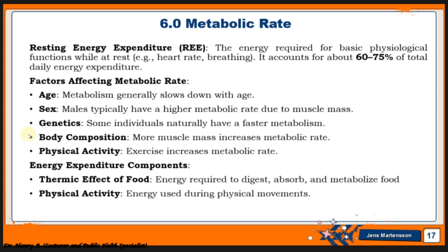This is because muscle tissue burns more calories at rest than fat tissue does. Therefore, as we lose our muscle mass with age, our metabolic rate decreases. To combat this, it is important to incorporate strength training exercises into our routine to maintain muscle mass and keep our metabolism firing.